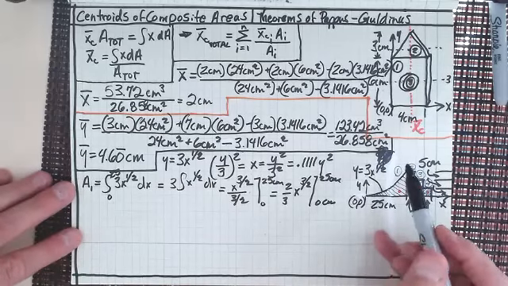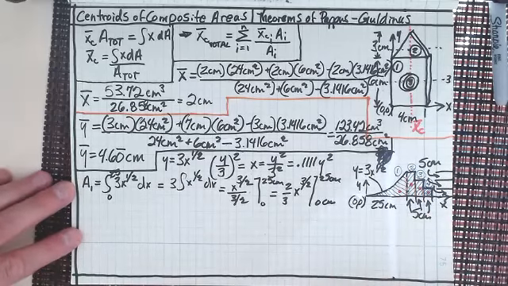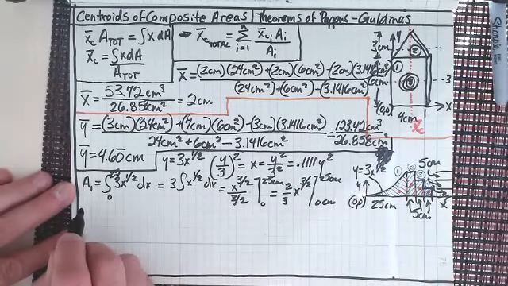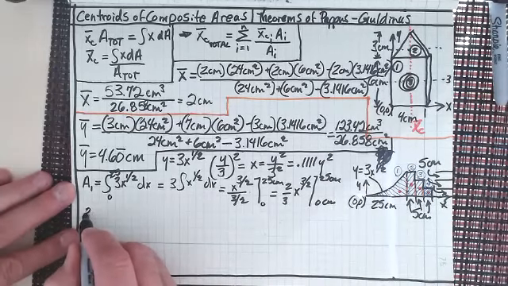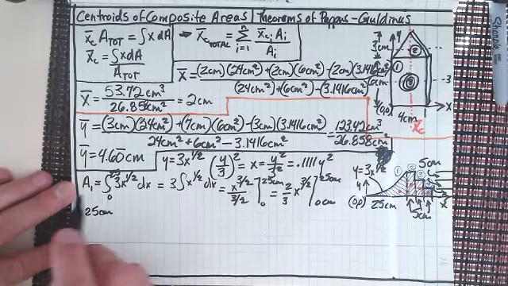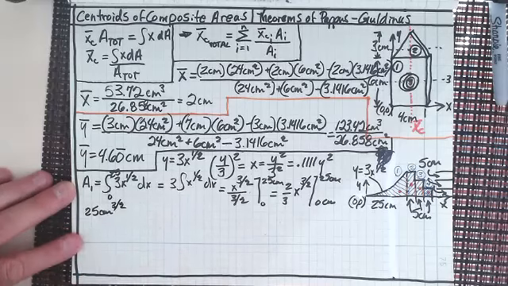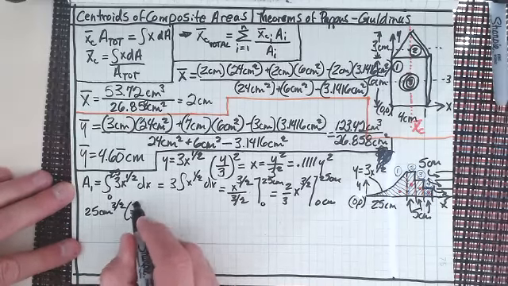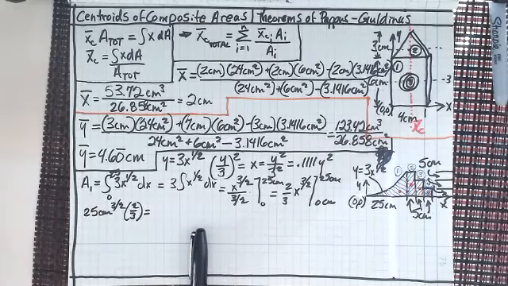Okay. Let's just plug in. So 25 centimeters to the 3/2 times 2/3 equals, wait a second, I'll give it to you in centimeters.